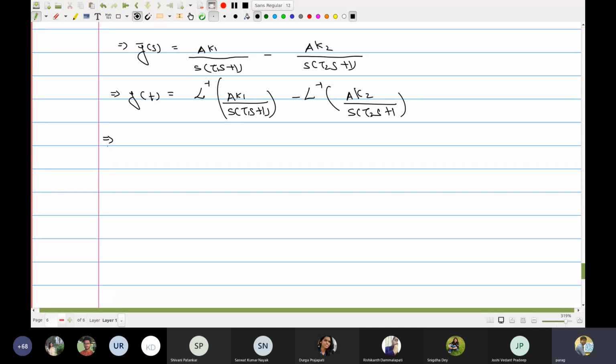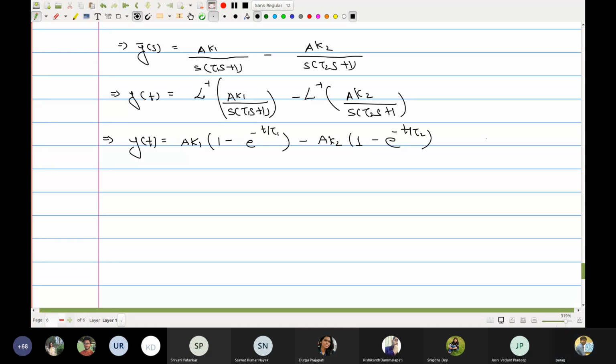I know the solution of these individual units, so y of t equals a K1 times 1 minus e to the power minus t upon tau 1, minus a K2 times 1 minus e to the power minus t upon tau 2.